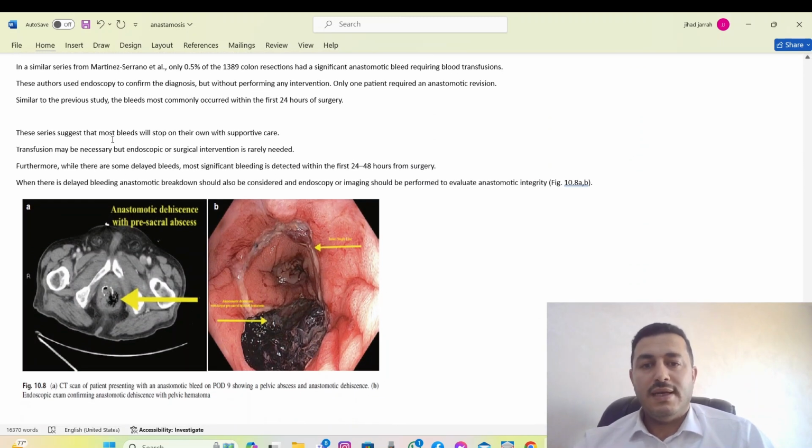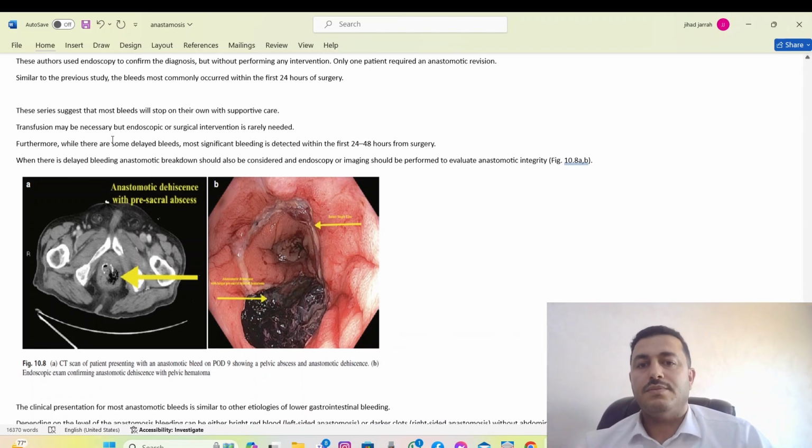As when dealing with any lower GI bleeding, we start with resuscitation, fluid resuscitation, dealing with the coagulopathy, stopping any non-steroidal anti-inflammatory drugs. We may need blood transfusion, but if the bleeding persists, we may proceed, as we said, to endoscopy.